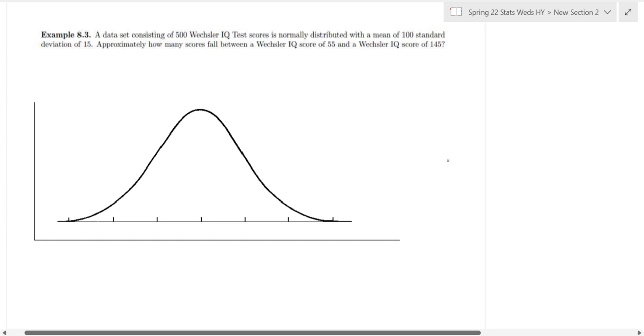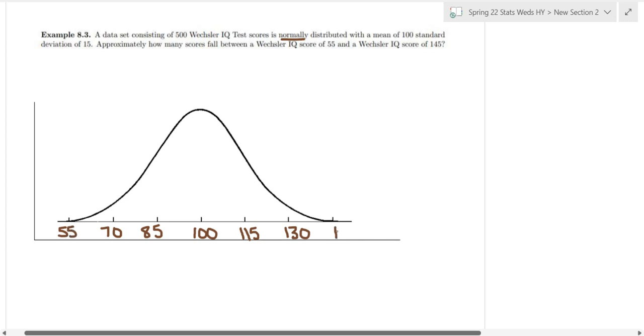It's normally distributed, so we're looking at the empirical rule here. If I draw this out, here's the average score of 100. It has a standard deviation of 15. So minus 15 would be 85, plus 15, 115. Minus another 15, that would be 70. Add another 15, 130. Subtract another 15, 55.